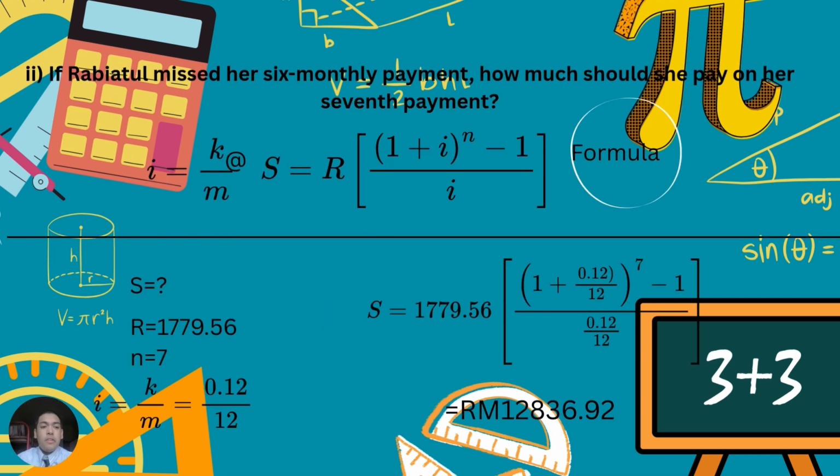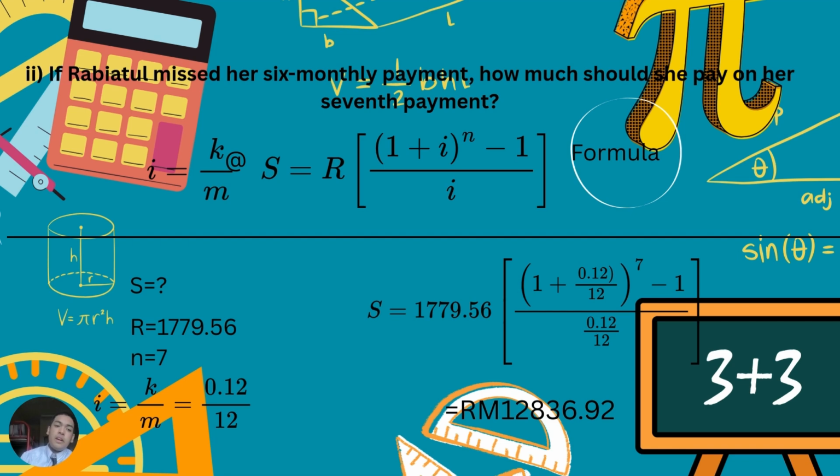Thank you. Now we will move on to question B2. If Rabiatul missed her 6th monthly payment, how much should she pay on her 7th payment? The formula suitable for this is S equals R in brackets, 1 plus I to the power of n, minus 1, divided by I, again because we want to find how much she needs to pay in the future.